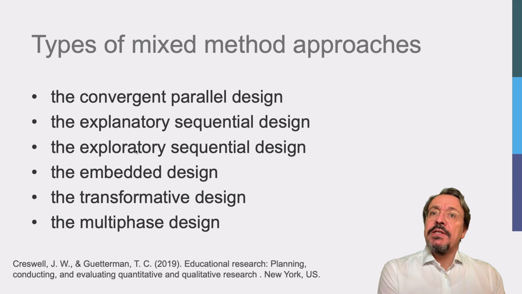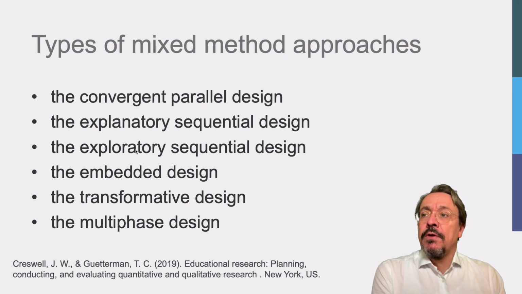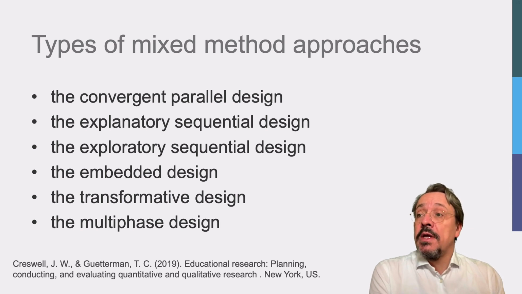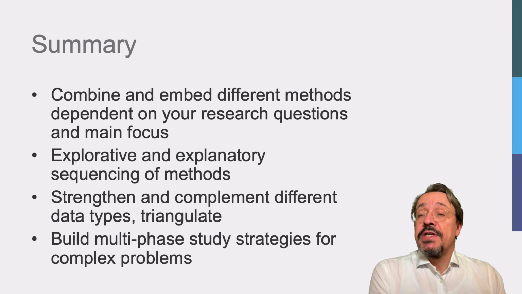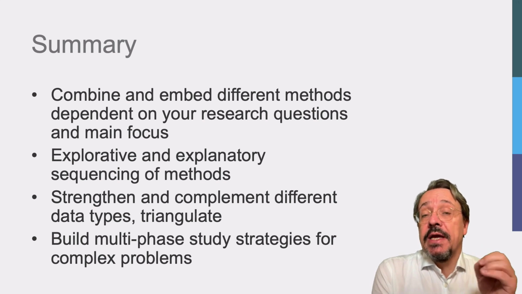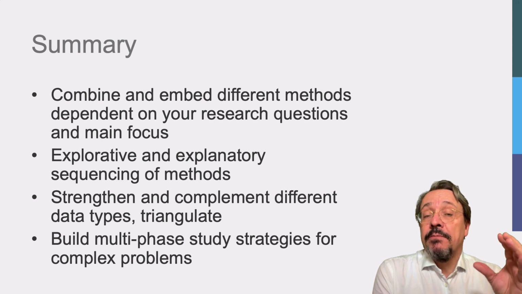So I presented you six types of mixed method approaches. There is a lot of literature you find also in the text documents to read if you want to explore in more depth. And to take away from this, think about the combinations and embed or sequence your research methods dependent on the questions you want to answer.